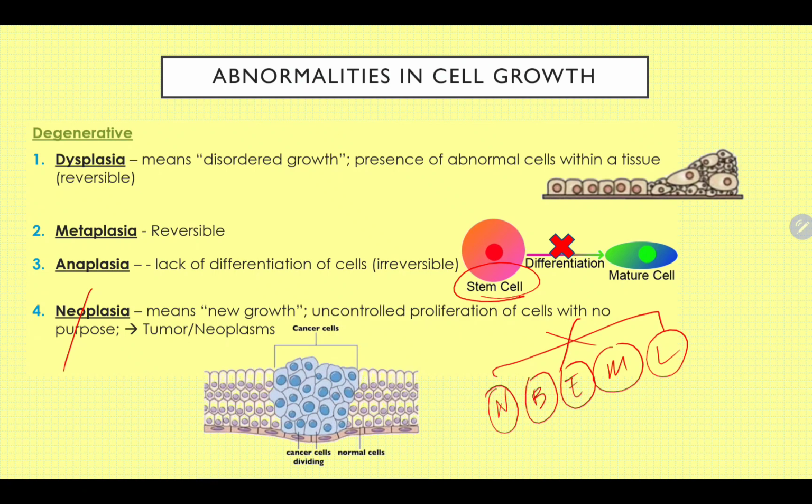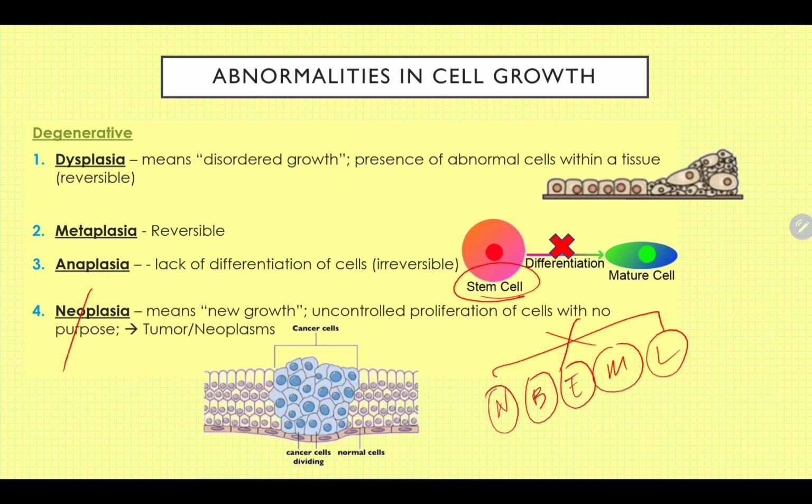So, ibig sabihin, if the organ is dysfunctional, you will really experience the signs and symptoms po of this pag-take over niya. For example, sa ating uterus, if the patient is experiencing po, let's say for example, endometrium neoplasia. So, ibig sabihin, there are new growth of cells in the endometrium.